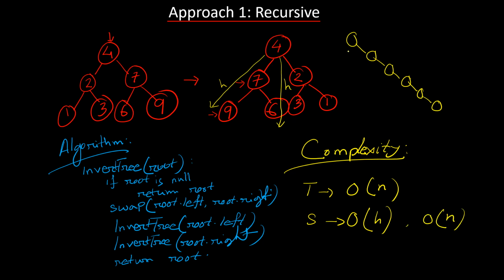So we have to create n stack frames here. Okay, so this is the worst case scenario, and this is the average or best case scenario. So this is approach 1 using recursive call.